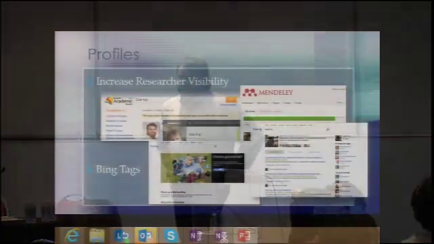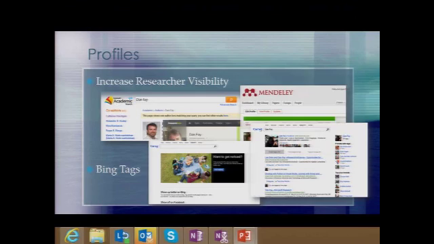There's also a different one that we have through Bing, so I always highlight this one as well, which is an idea in Bing called tagging. It's in beta right now, but the idea is tagging about your profile, who you are, and pages, other information about that. And it also helps create that profile. So if somebody's doing a generic search on a location, they'll find those as well.